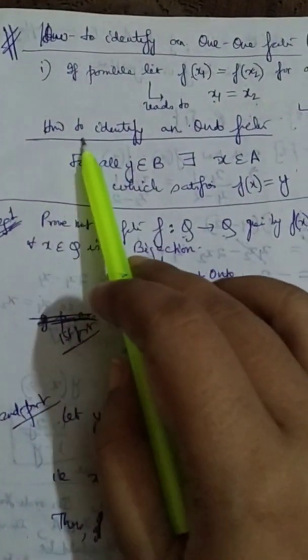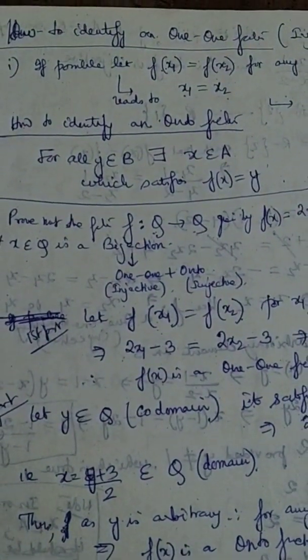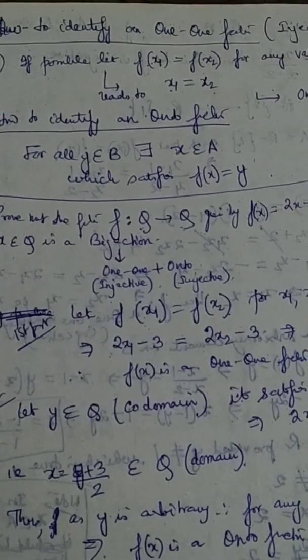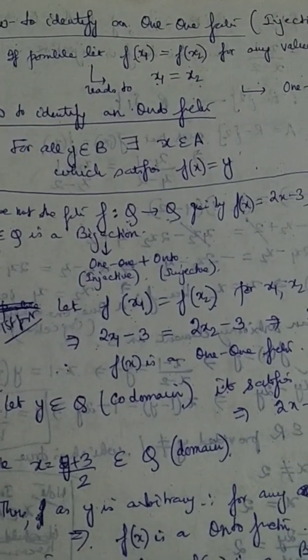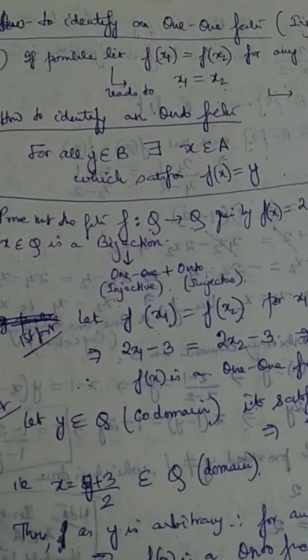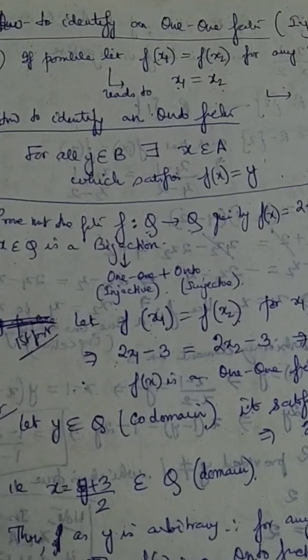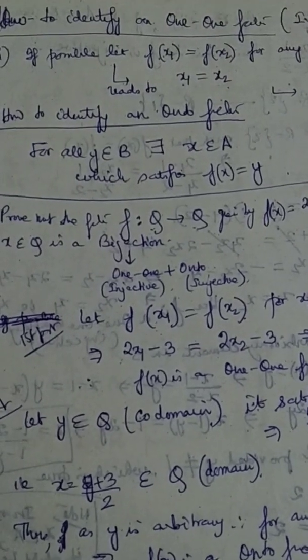Next, how will you identify an onto function? Very simple. You will assume that there is a y which belongs to the codomain, and you will show that there exists an x which belongs to the domain which satisfies the equation f(x) equal to y.